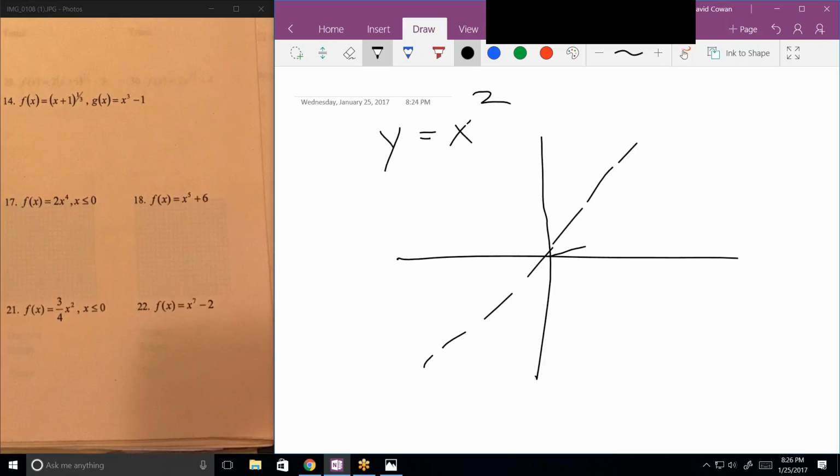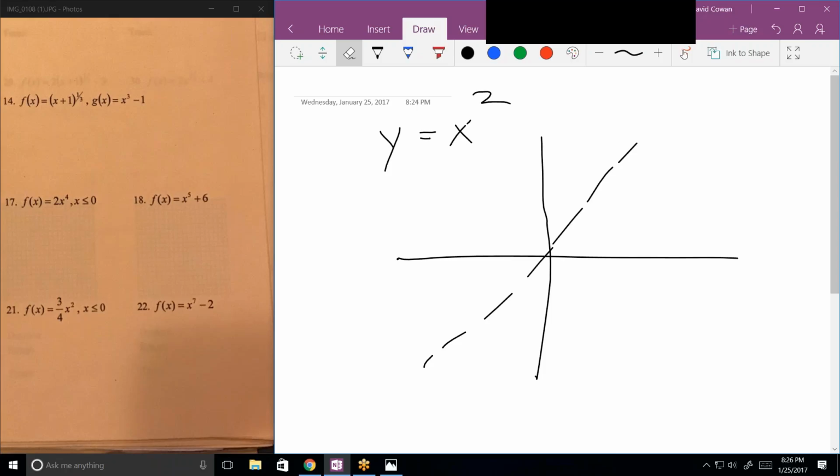positive x's only. In other words, they were never going to ask you to find the inverse of this without restricting it. Only in our case, they're restricting it to negative x's only.